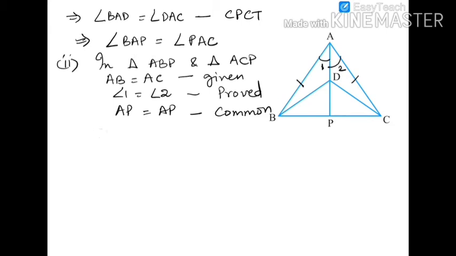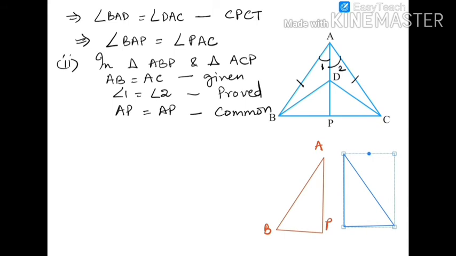So what do we have? In triangle ABP and triangle ACP, we have angle 1 equal to 2, AB equal to AC, and AP equal to AP.